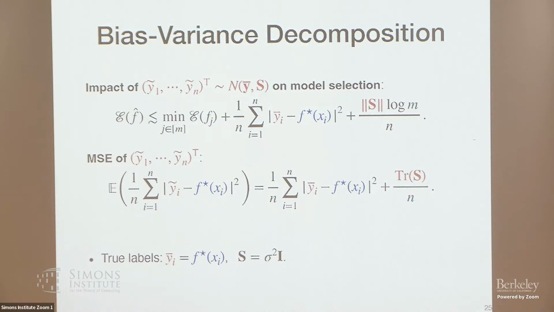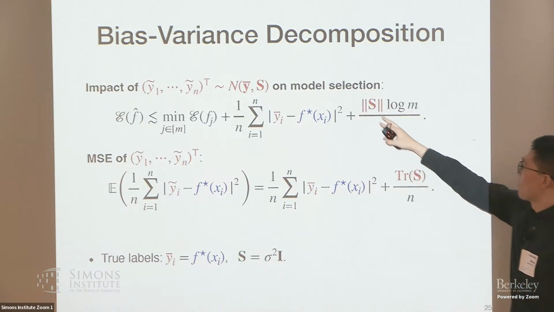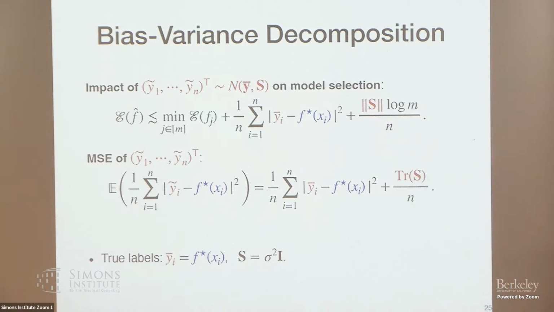As an illustrative example, in the holdout validation idea, if there's no pseudo-label but real labels, I'm using noisy but real labels, then there's no bias, and the noise is uncorrelated, so the covariance matrix is just sigma squared times the identity. Then the operator norm and trace will differ by a factor of n.